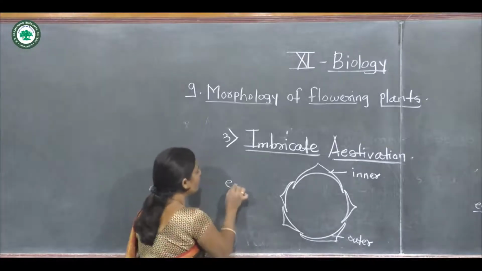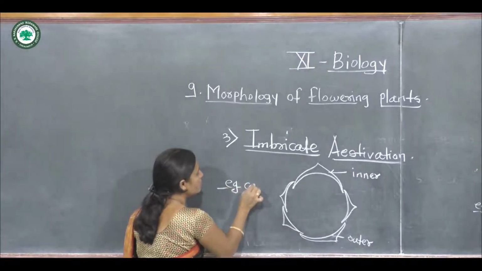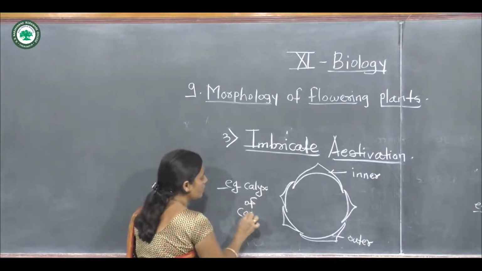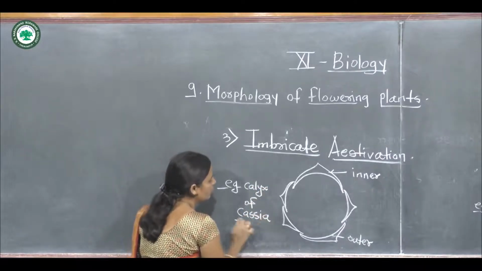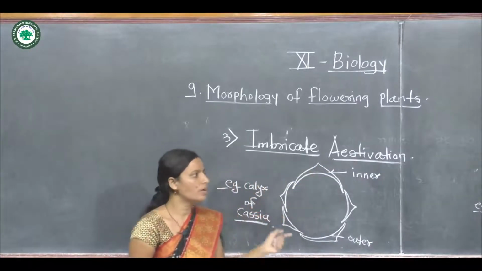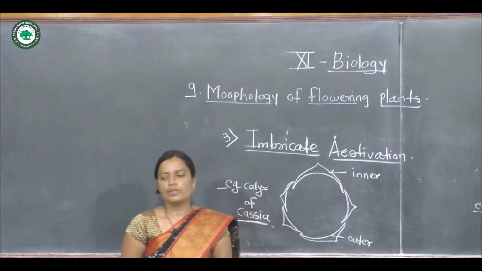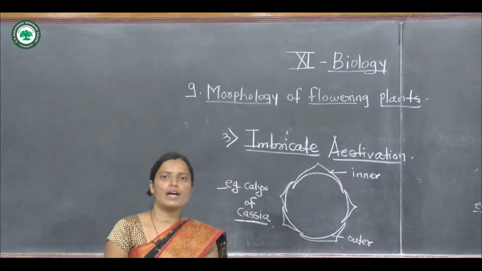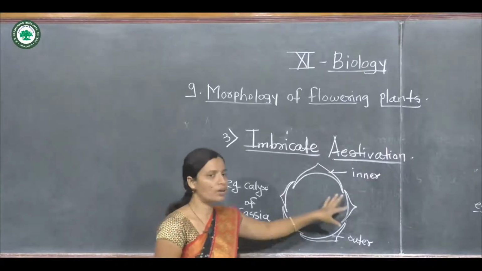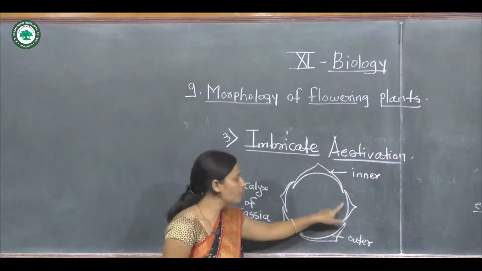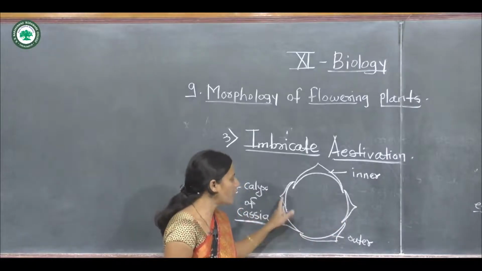This type of arrangement is called the imbricate aestivation, for example in the calyx of cassia. This imbricate aestivation is shown in the cassia flower. One is completely inner, one is completely outer, and the remaining ones overlap or touch the margin of each other, inner and outer.